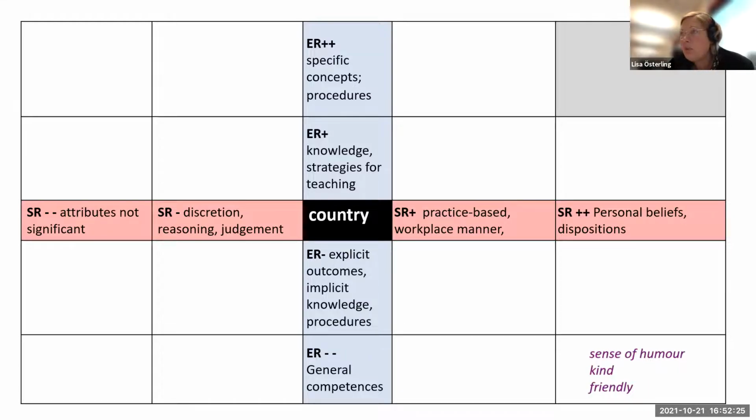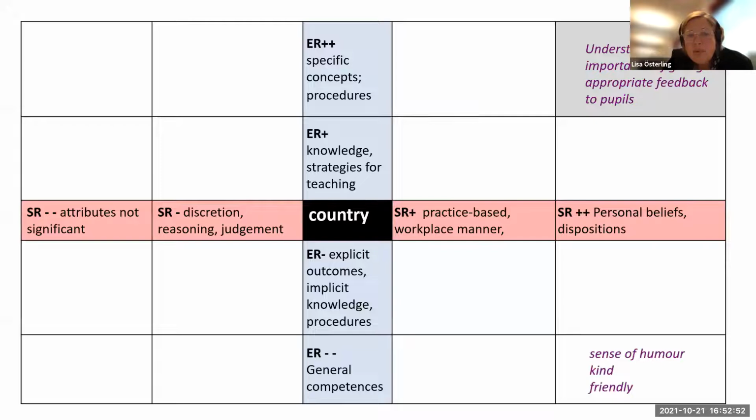It says a lot about the person, about the knower. It is also on the ER scale, the ER-, because kindness and friendliness talks a lot about general competencies. It could be talking about the learners as well as the teachers. So it's nothing that is specific to teacher knowledge in there. So we coded this at ER-, SR++.